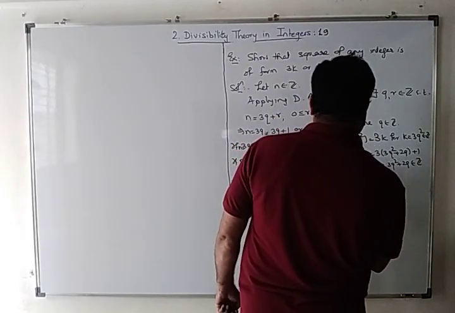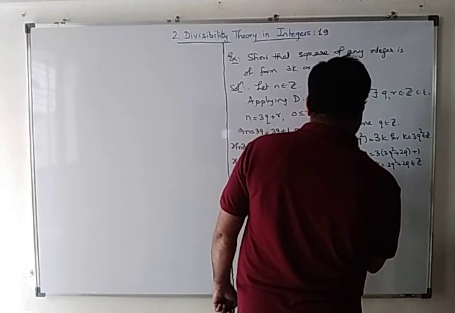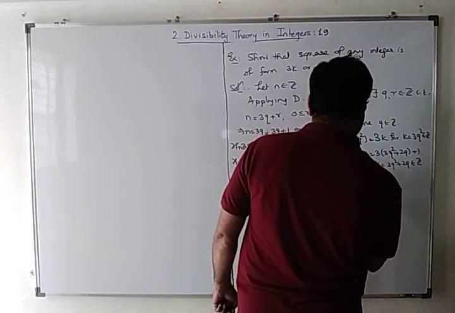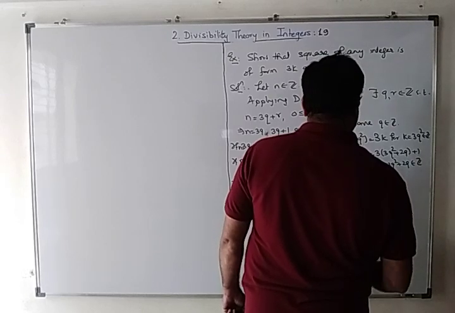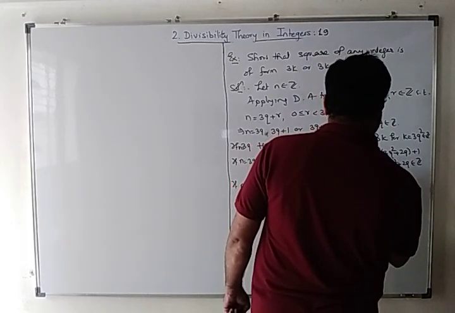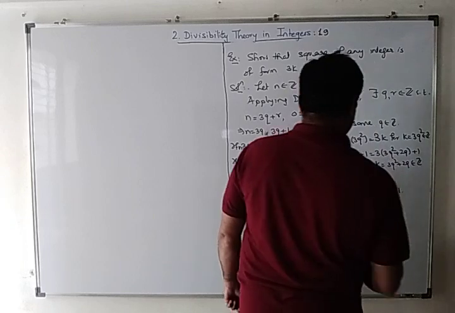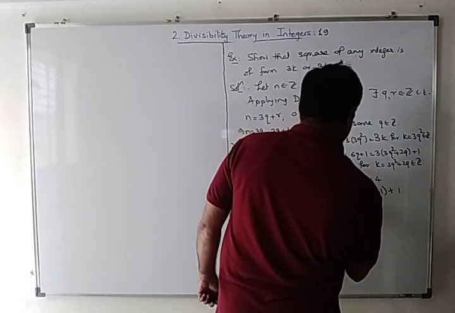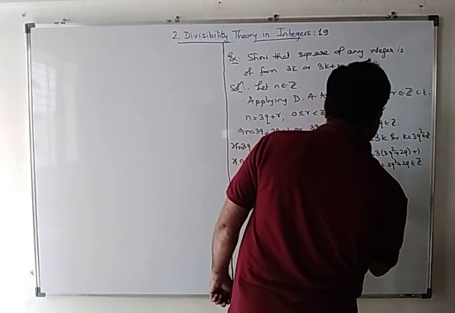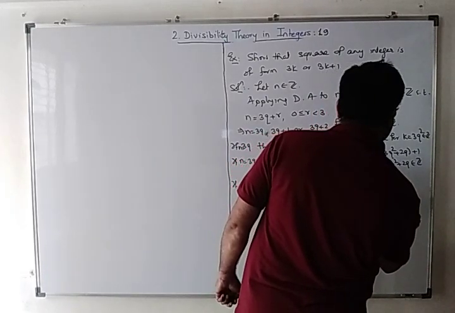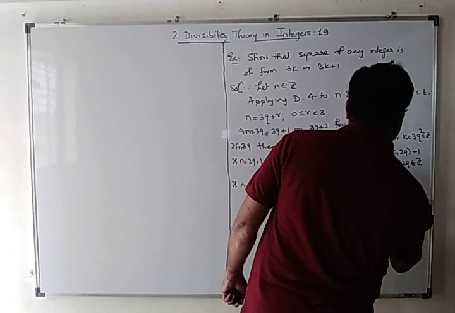I can write this as 3 times (3q square plus 4q plus 1) plus 1, which is equal to 3k plus 1, for k equal to 3q square plus 4q plus 1 belonging to Z.